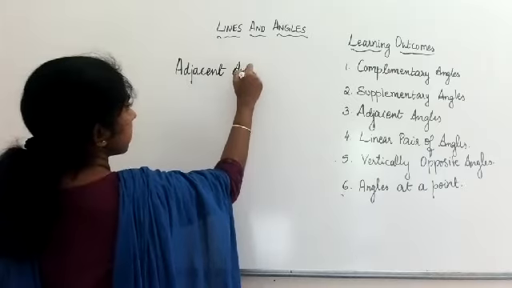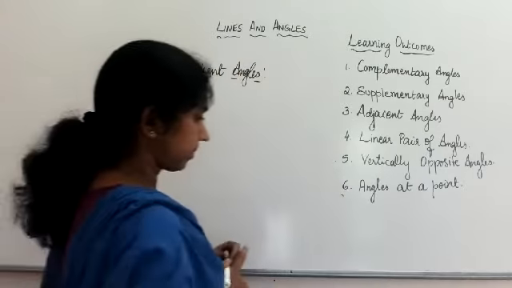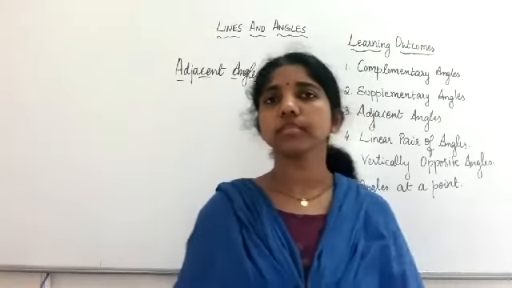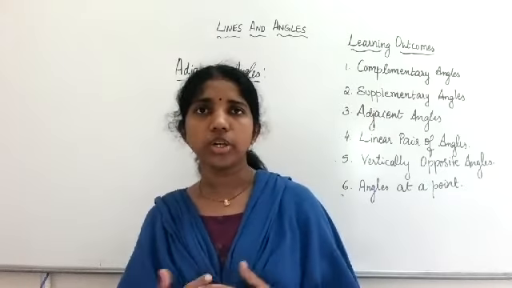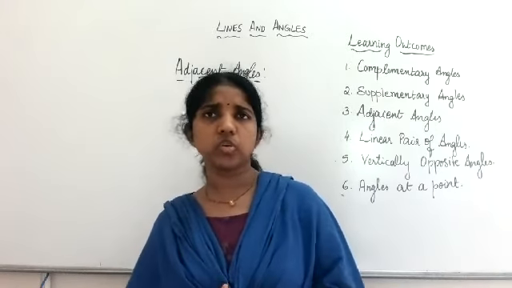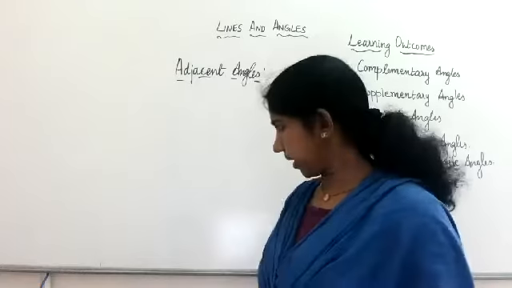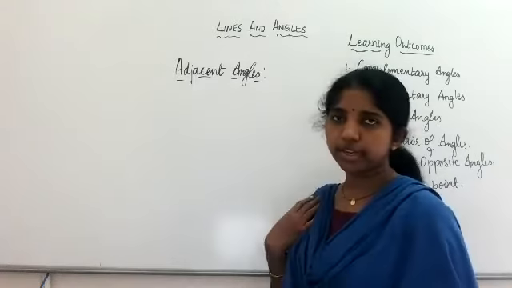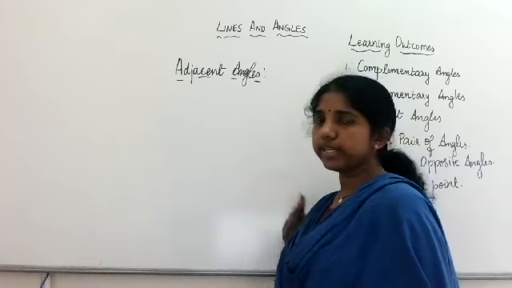Adjacent angles. So what are adjacent angles? You all know the normal meaning of adjacent. If I say this board and myself here, this board is adjacent to me, which means next to me, immediately next to me.